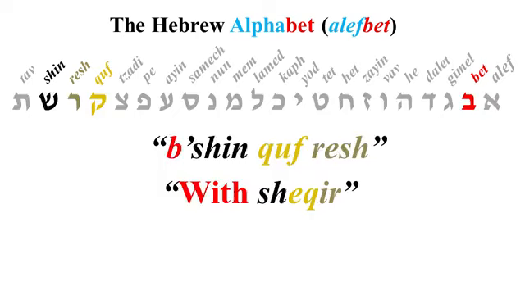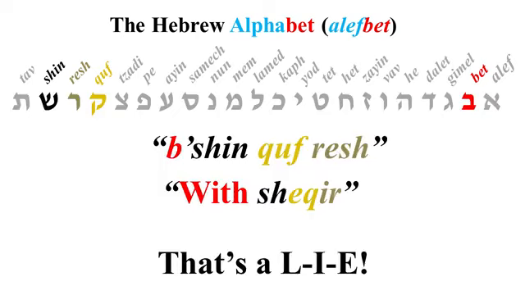Okay, what is sheker? Sheker is the word for lie or falsehood. You know, in English, if someone tells you something that's not true, you can say, that is an L-I-E. You're stressing, you're spelling it out in capital letters. Okay, and in Hebrew, they do the same thing. That is bashin kuf resh. It's kind of dismissing somebody as telling you a falsehood.